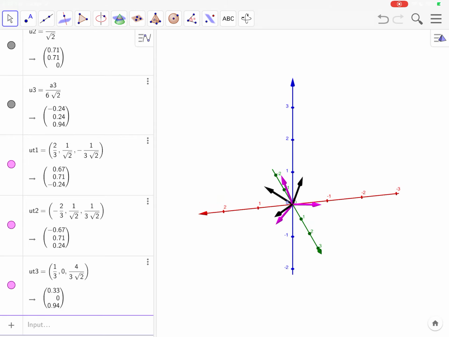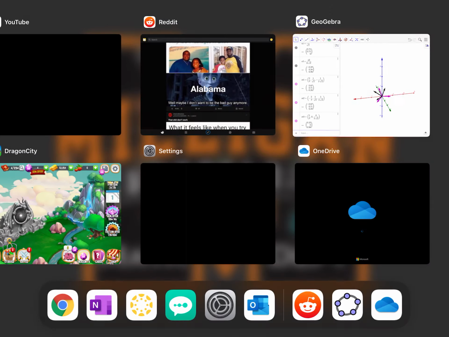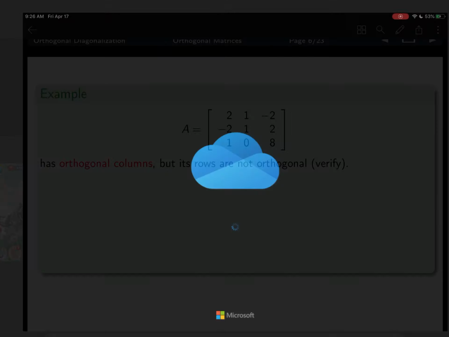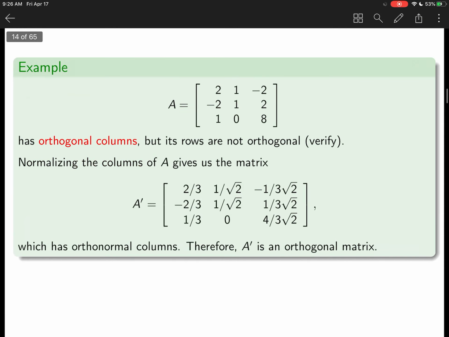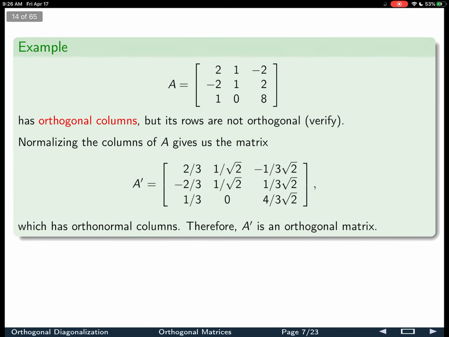But really, what's going on here is, since we have normalized those original columns that we started with, we now have an orthogonal matrix.